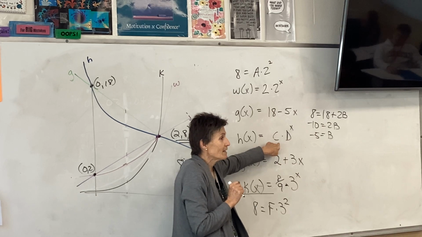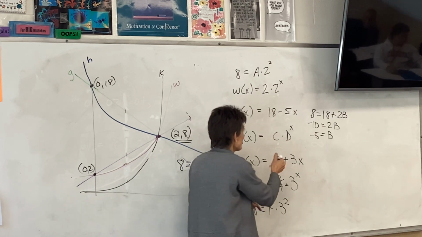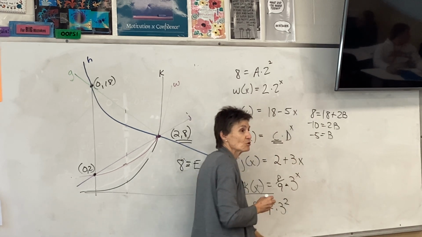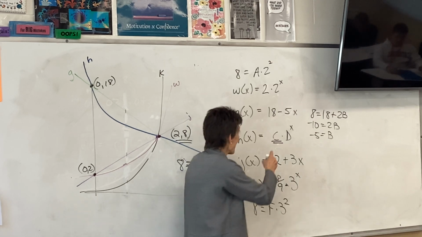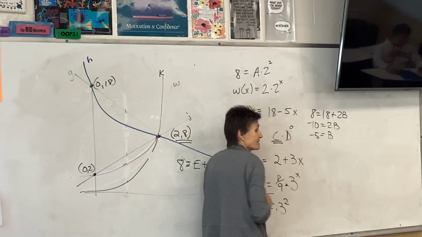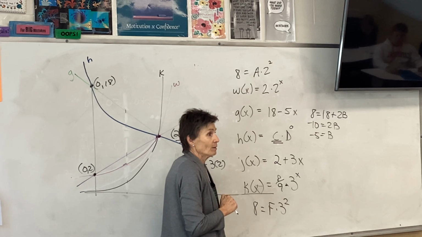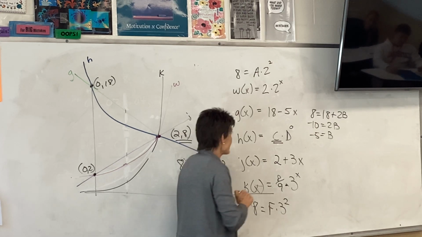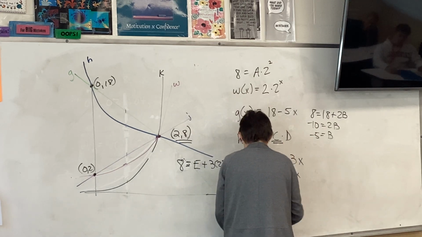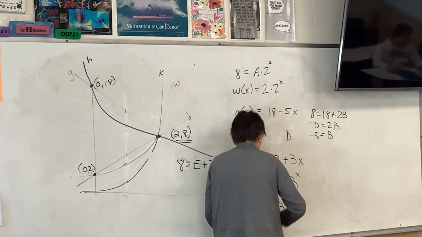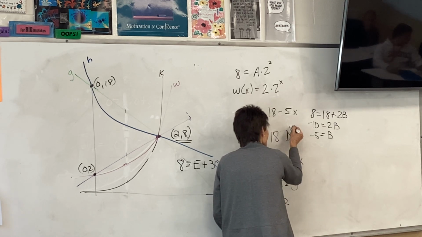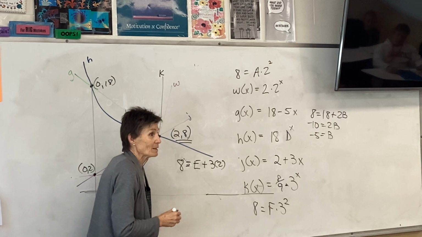Good work. Because in an exponential, this guy is your initial value. That's the value when x is 0, right? So that is going to be 18. Very nicely done. So then what did you do?